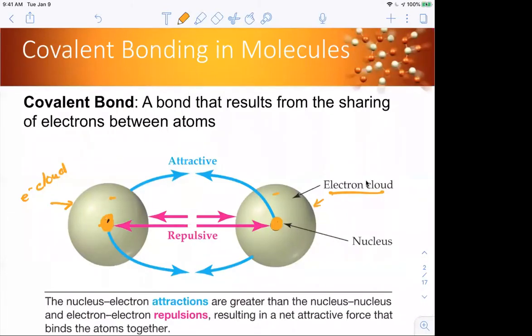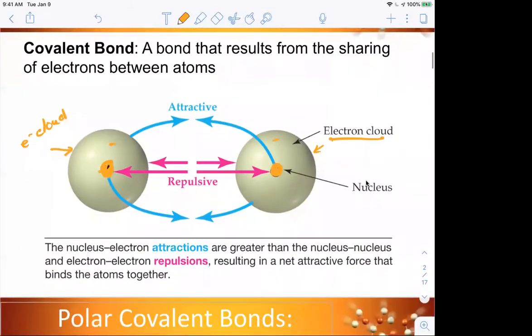The nuclei, which are positively charged, are going to be trying to repel each other. But then there's that perfect distance where the nucleus-electron attractions are maximized and become greater than those repulsive forces, which results in an attractive force that binds the atoms together, and I form a covalent bond.